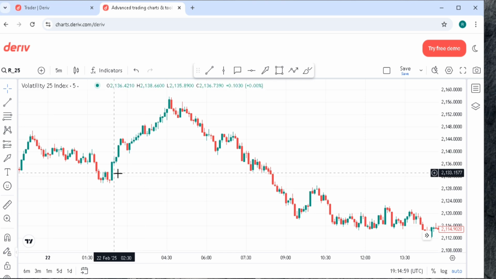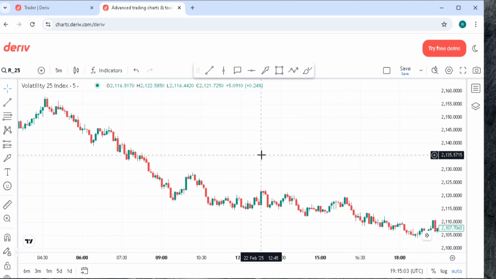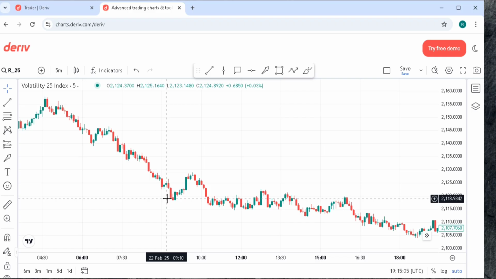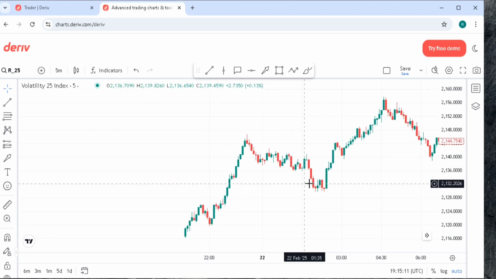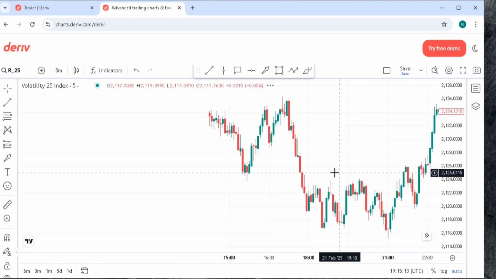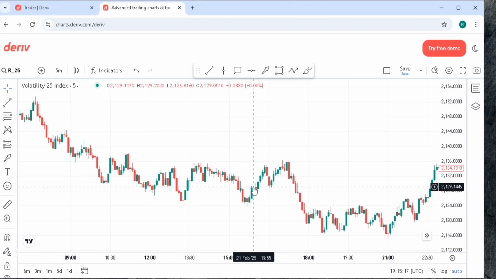So I think in the next part, what I'm going to do is, we also have other candle patterns that we have not looked at, but the principle is the same. As long as you know how the pattern looks, you can look at it, see it, and then trade it.